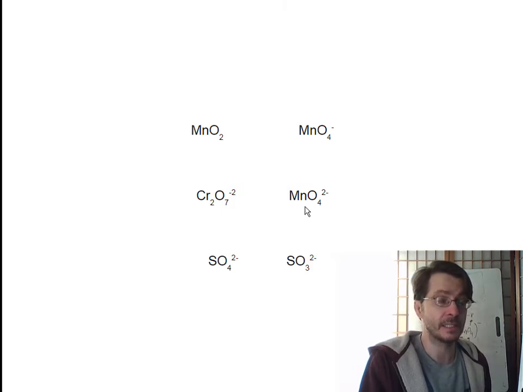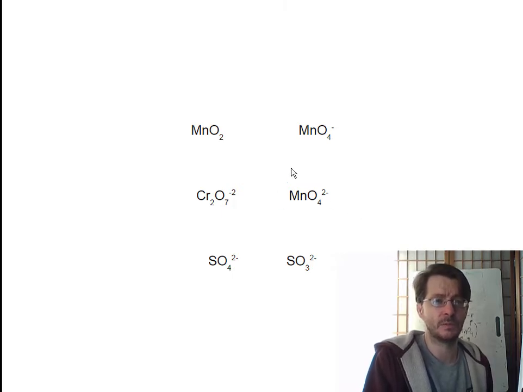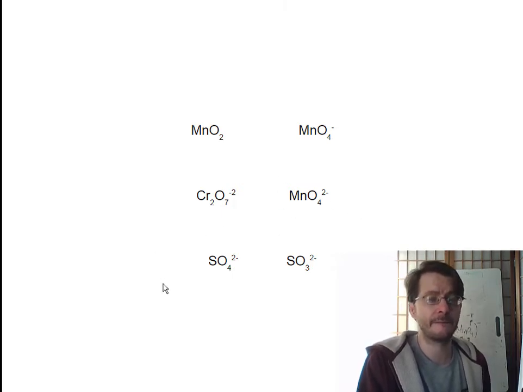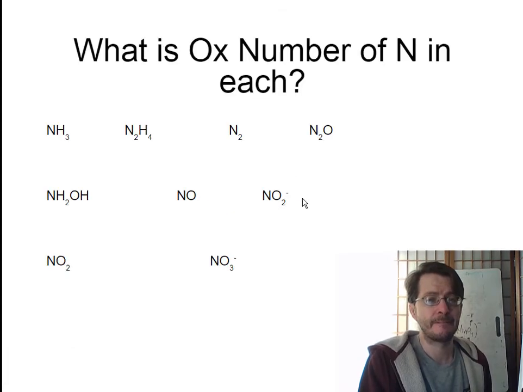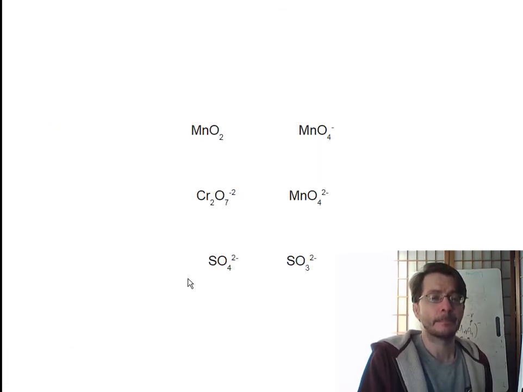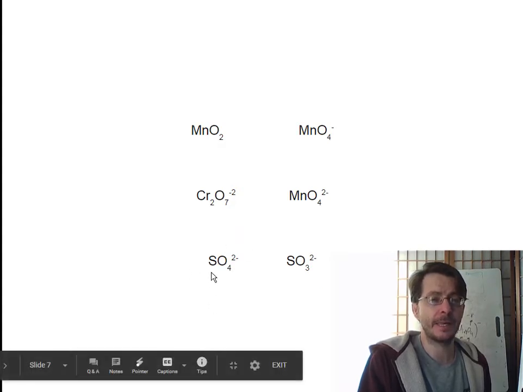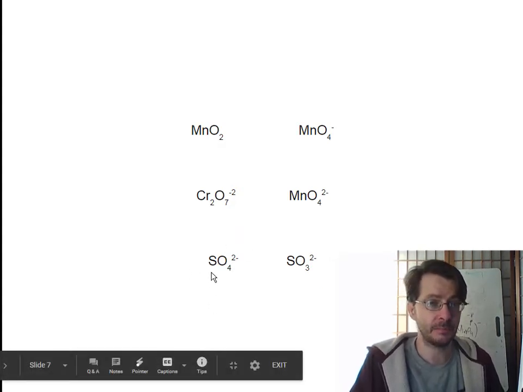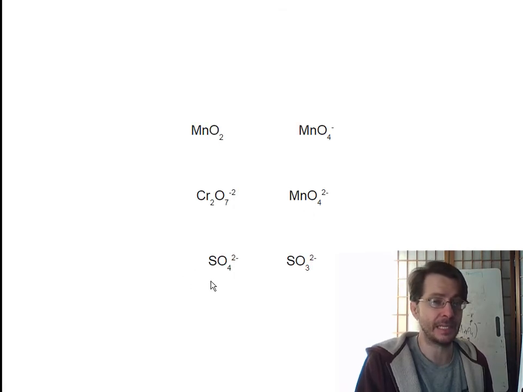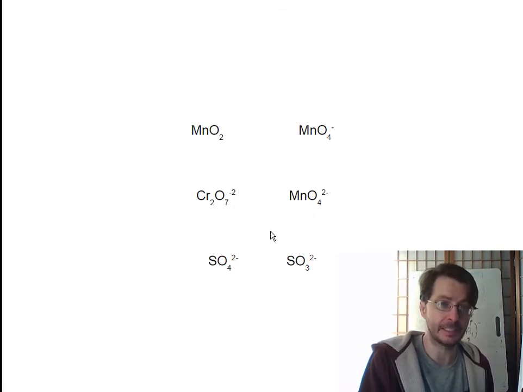For this manganese, this isn't permanganate, this is something else. I don't know what the name of this one is. Supermanganate, I don't know. And last, this sulfur would be oxidation number... well, this one is +6. This one has to be +6 because everything else is the same.